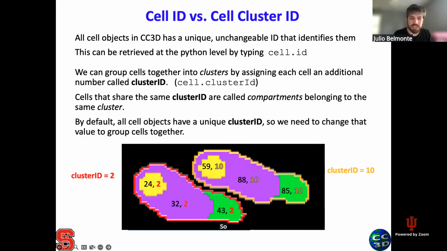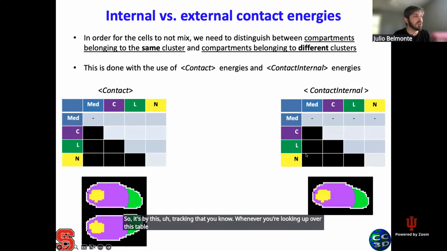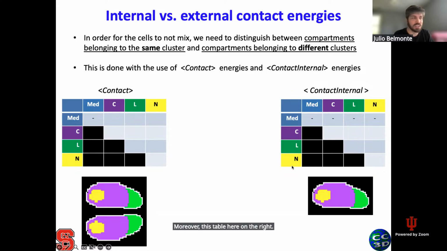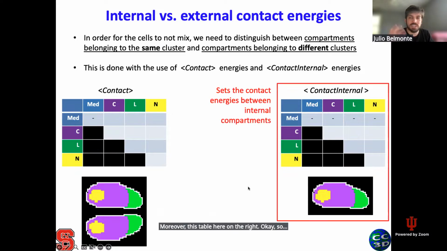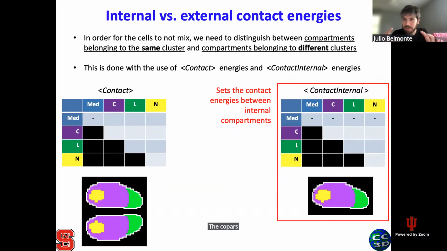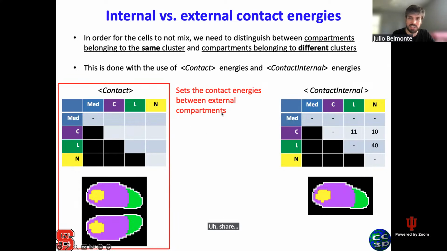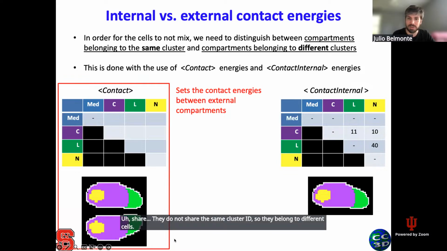So it's by this tracking that you know whenever you're looking up over this table here or this table here on the right, on the slide. This one sets the contact energy between internal compartments, the compartments that share the same cluster ID, and the left one sets the energy between the cells that do not share the same cluster ID, so they belong to different cells.